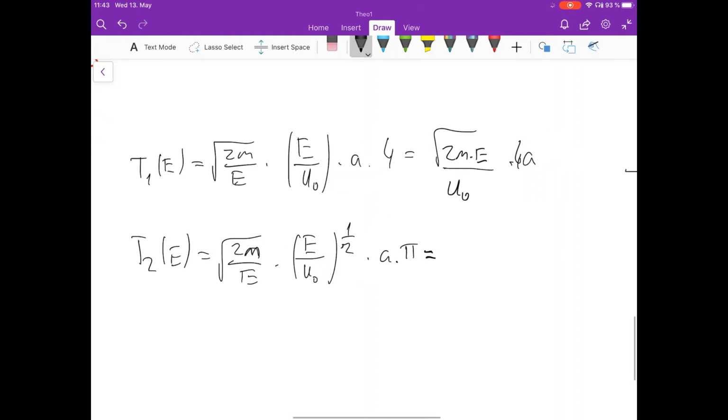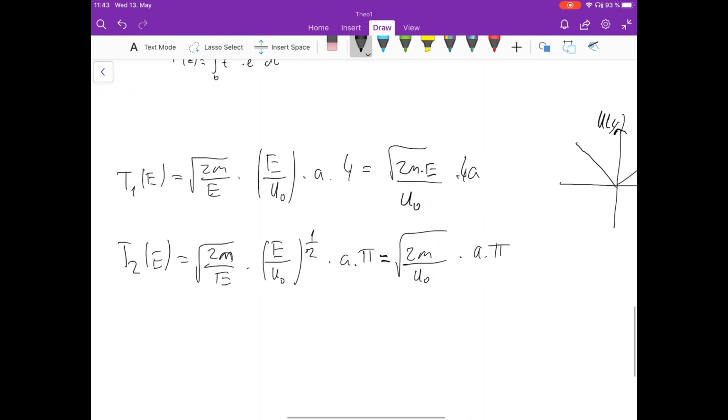So let's head back. As I told, a_n was pi, and because of that, the square root of 2m divided by U_0, U_0 is now in the square root, times a times pi. So this seems pretty interesting to me because this is the only n value for which our period is independent of our total energy.